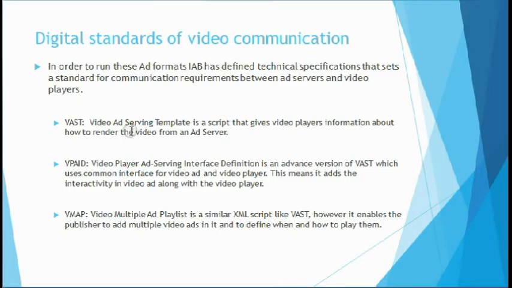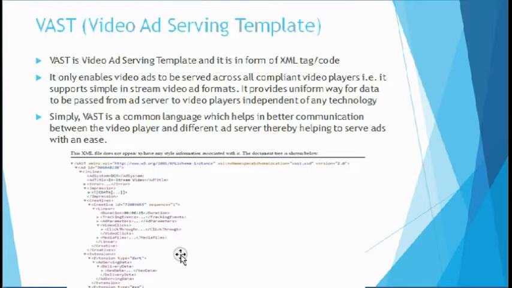So in a VAST XML tag we only deliver one ad, whereas in VMAP we get the chance to decide how many ads we can put into it, and at which time we should play them on the publisher's video player. So it is a similar XML script like VAST, however it enables the publisher to add multiple video ads in it and define when and how to play them.